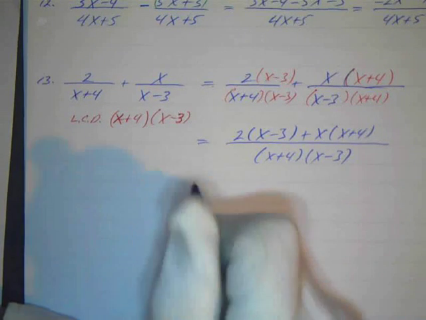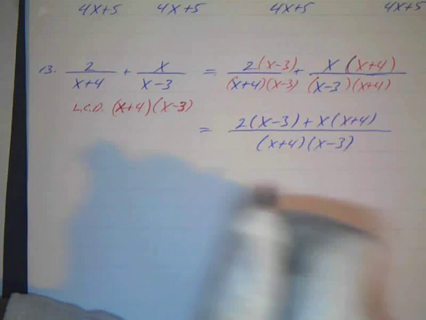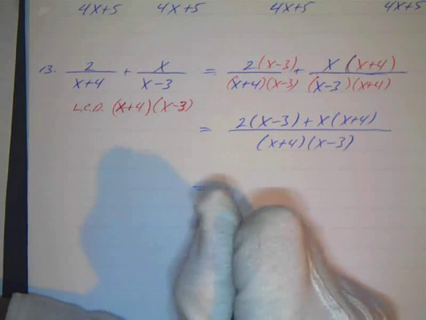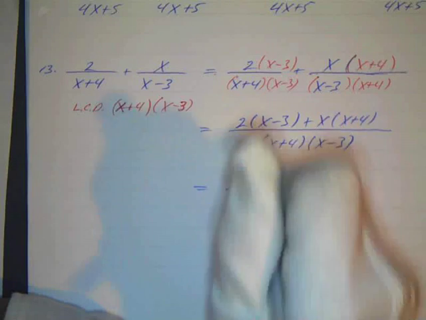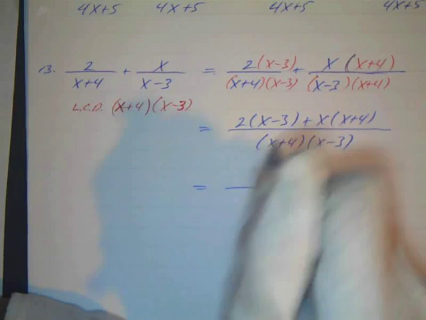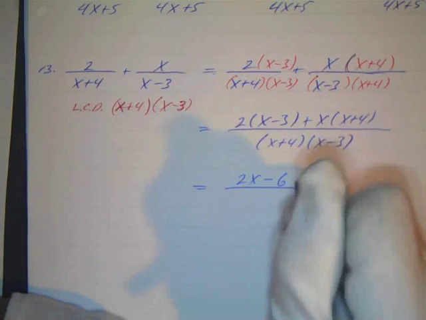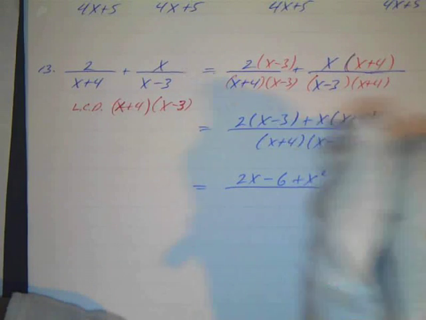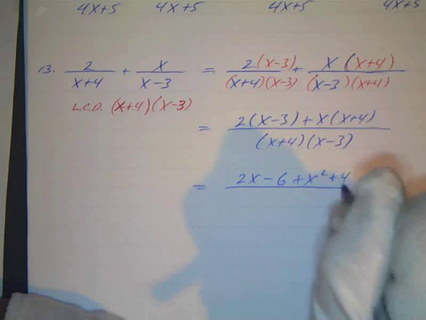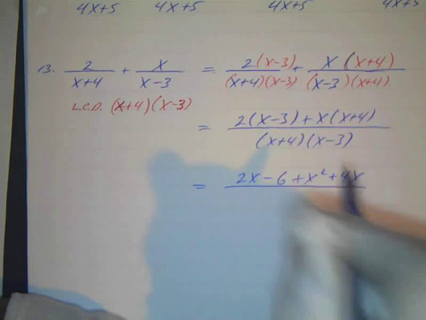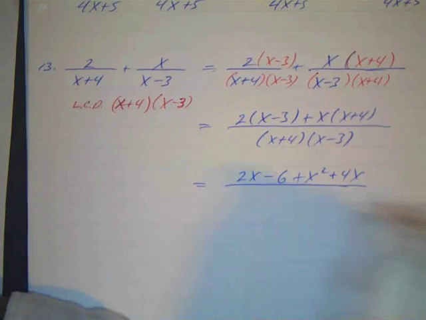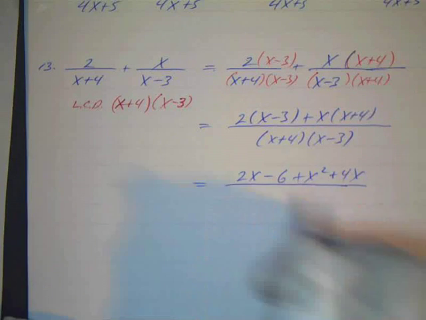And now we can simplify, so we can take the top and multiply this out. Using the distributive property, I've got 2x minus 2 times 3 is 6 plus x squared plus 4x, all over my LCD.